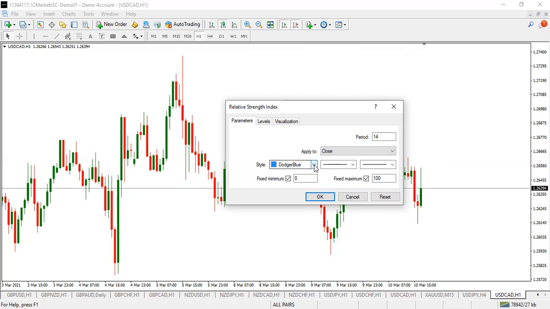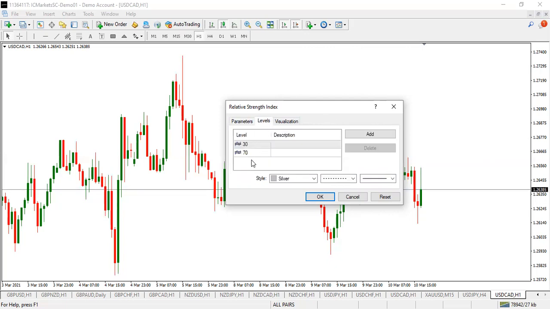And right here is the signal line on the RSI. You don't want to change this. You may change the color to anything of your choice, and you may also change the thickness. All right, so that is that. But by default, the 14 period is what you will find if you are opening your RSI for the first time and have not changed it.